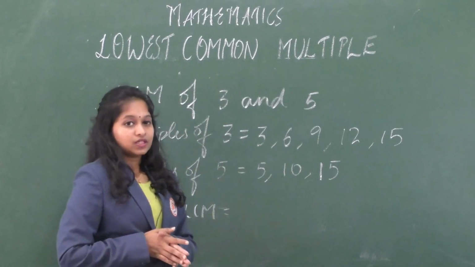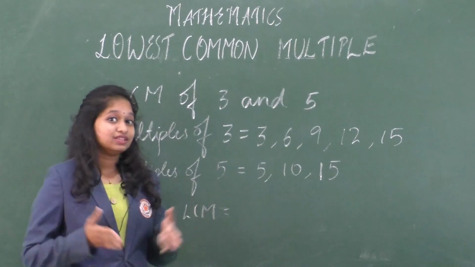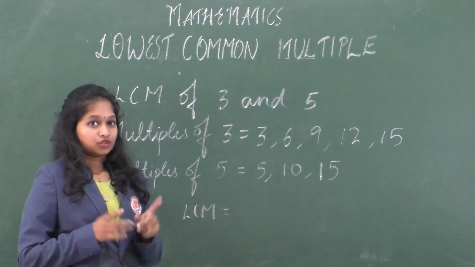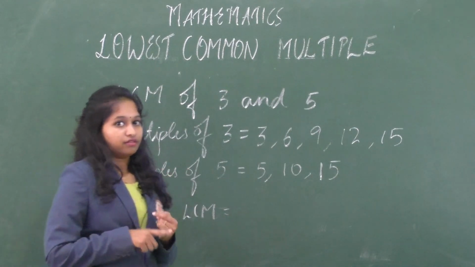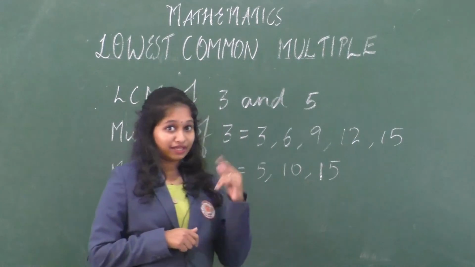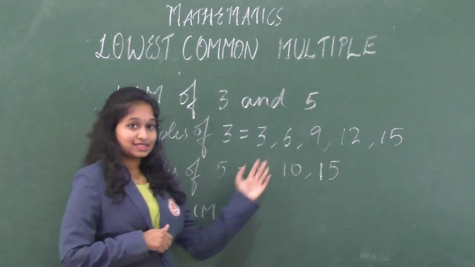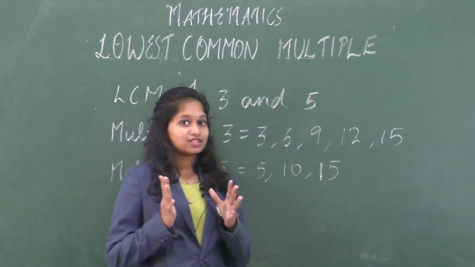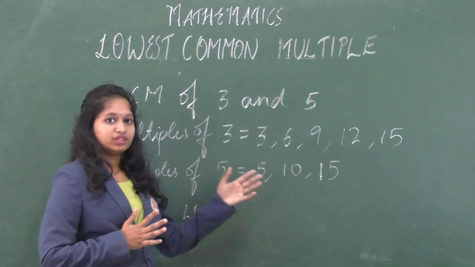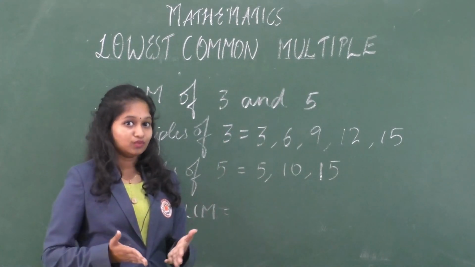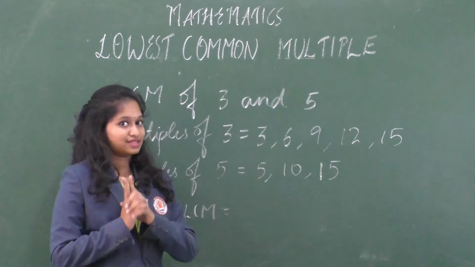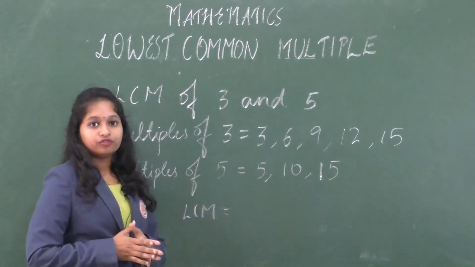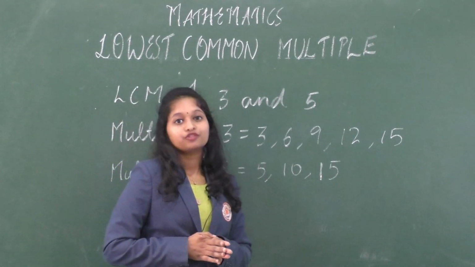Yes? What are they? They are the multiples of 3 and 5. So first the alarm rang at 6 o'clock and next it will ring at 6:15. So the least common multiple of both the numbers is when the alarms ring together the second time. Got it? So the LCM of 3 and 5 is 15.